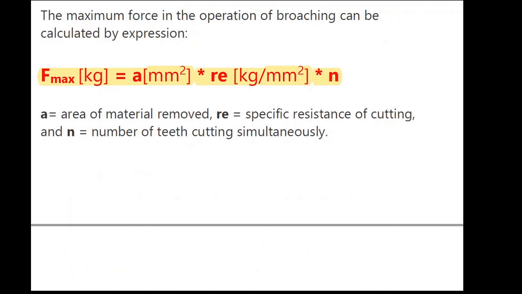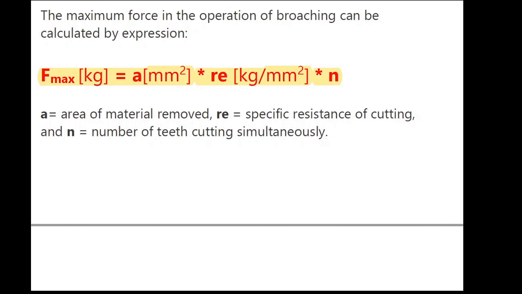Next, how can we determine the maximum force required for the broaching operation? The maximum force can be determined by taking the product of the specific resistance of cutting, the area of material removed, and the number of teeth. Here the force is given in kilograms.